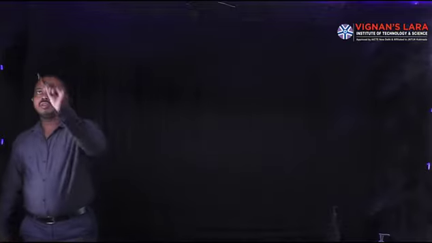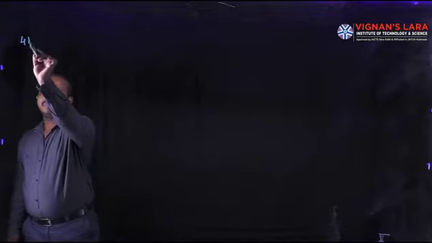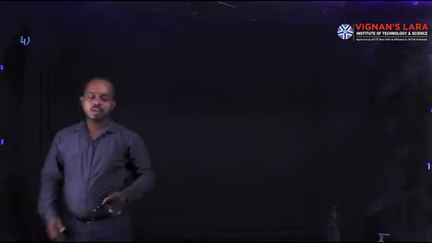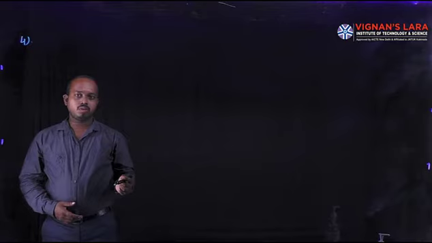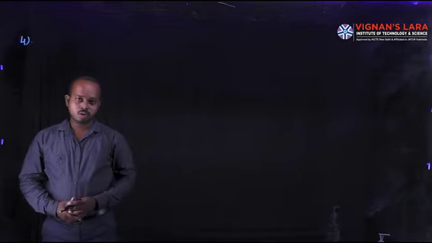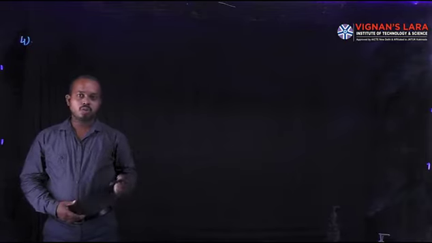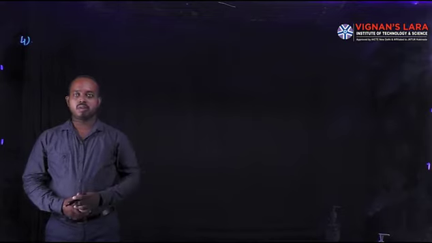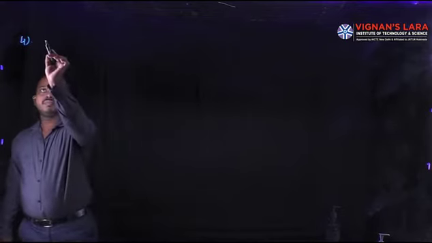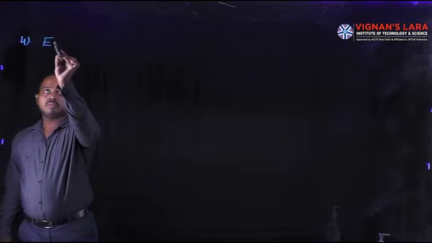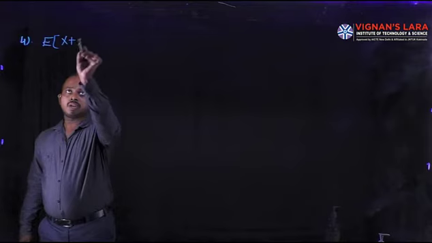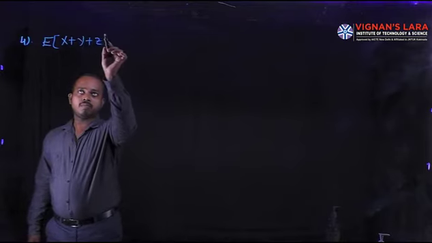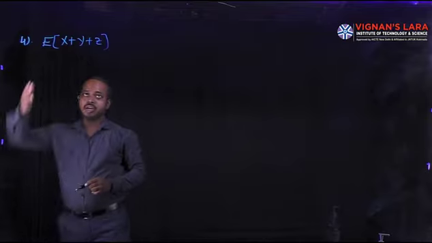Coming to the next property in expectation values, the fourth one: here you can obtain the expectation of the sum of random variables is equal to the summation of individual expectation values. That means we are writing expectation of x plus y plus z. Here I am taking only 3 random variables.